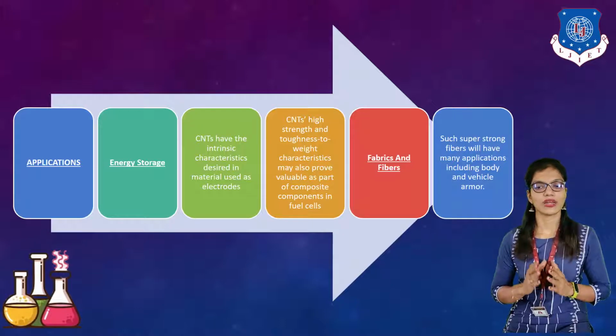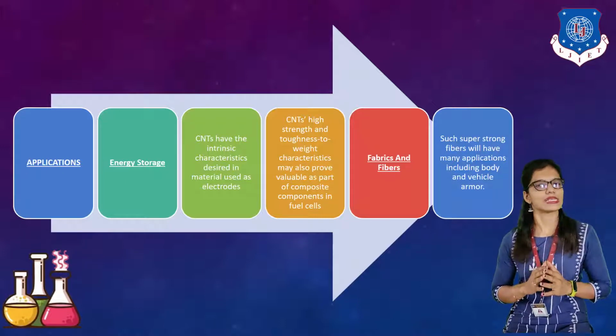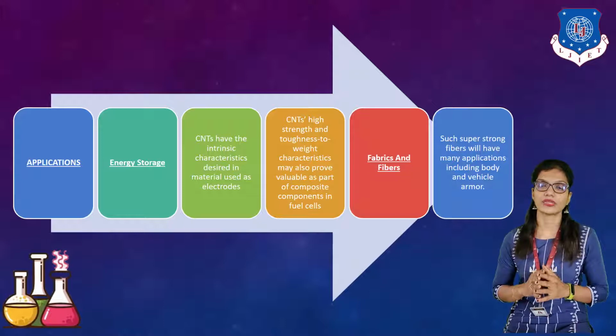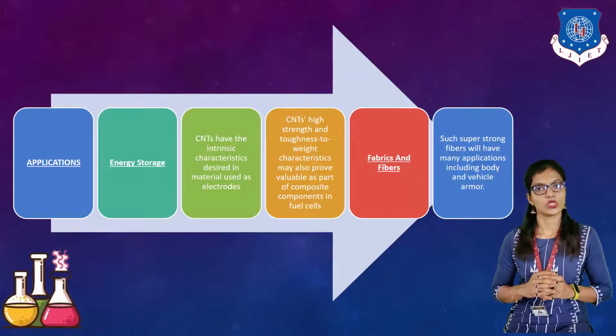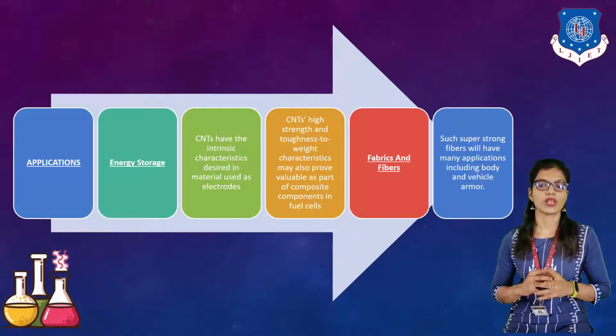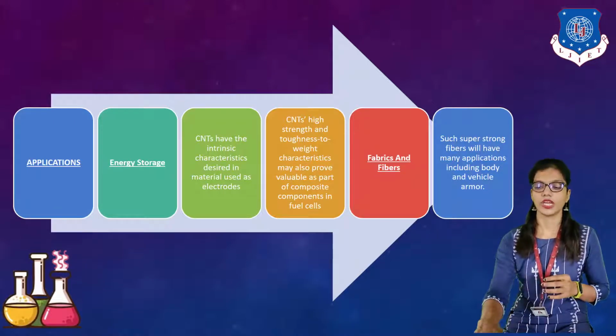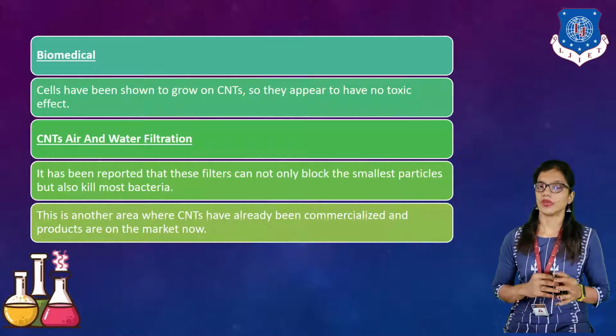CNTs' high strength and toughness-to-weight characteristics may also prove valuable as part of composite components in fuel cells. They are used to enhance the properties of such fuel cells. They are used in fabrics and fibers also. Such super strong fibers will have many applications including body and vehicle armor.